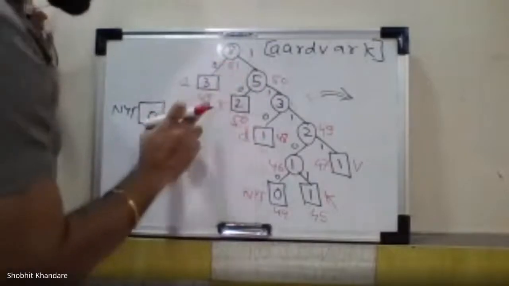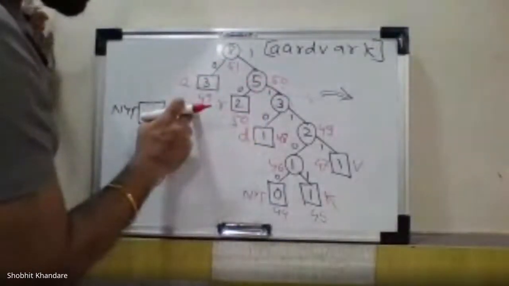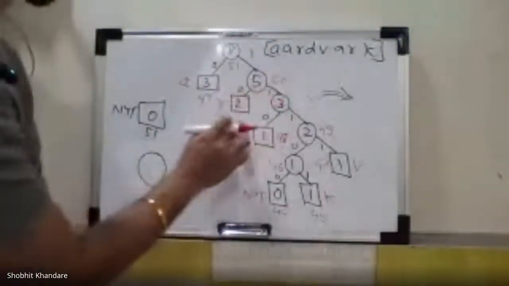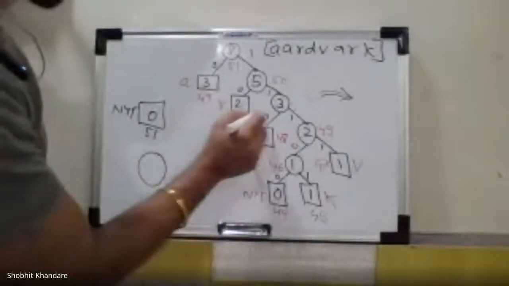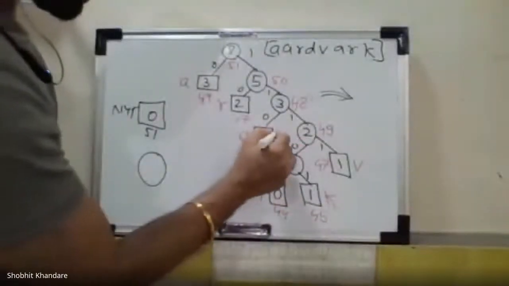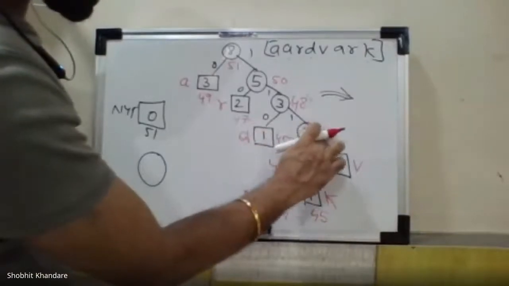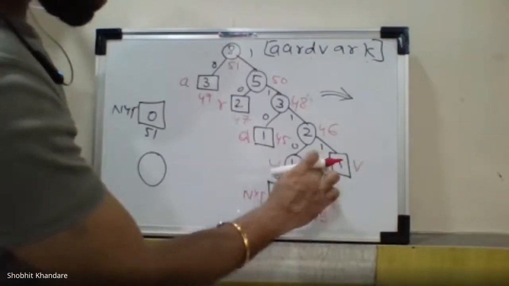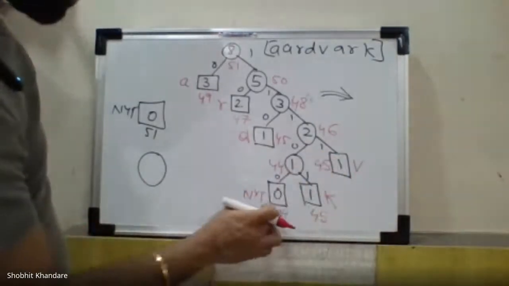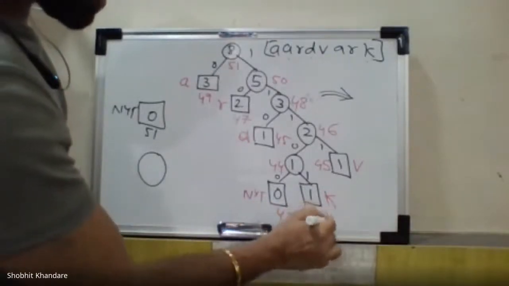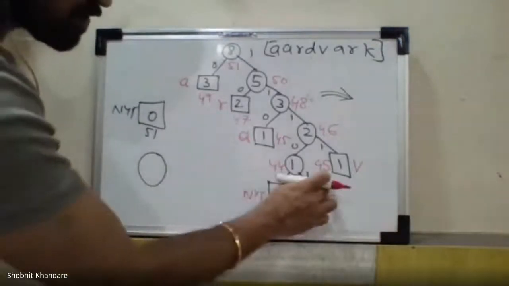So it is 51, then 50, 49, then this comes, this is 49, 50, then 47, 48, okay, then this comes 45, 46, then this will be 44, 45, and this will be 42 and 43. Yes, 42, 43, 44, 45, 40.